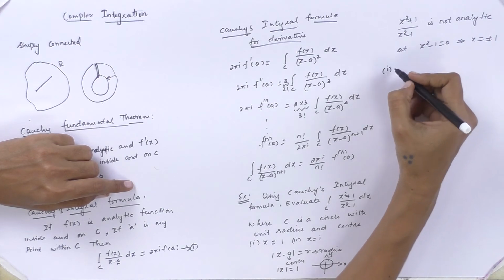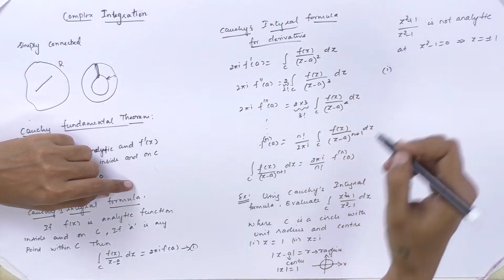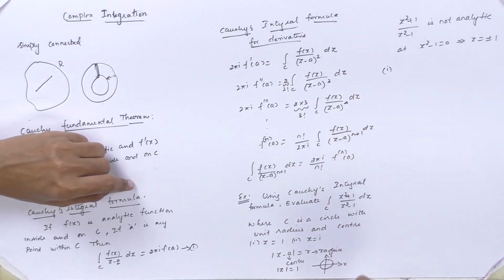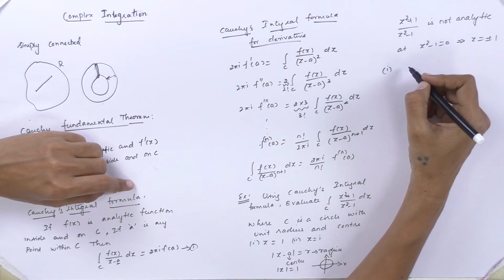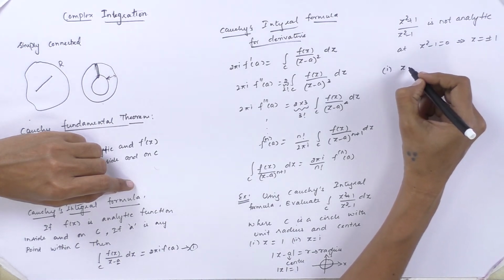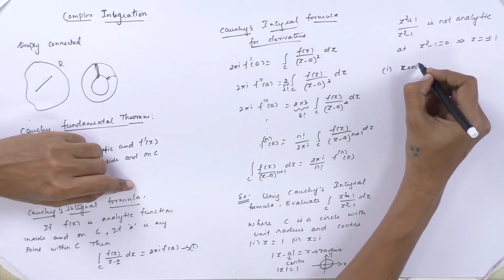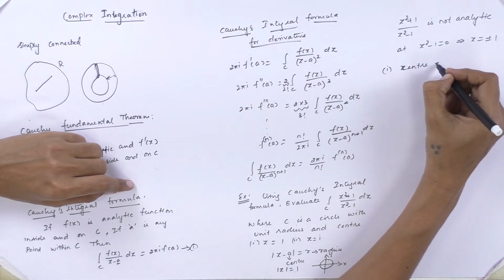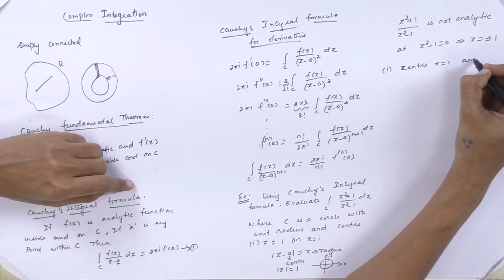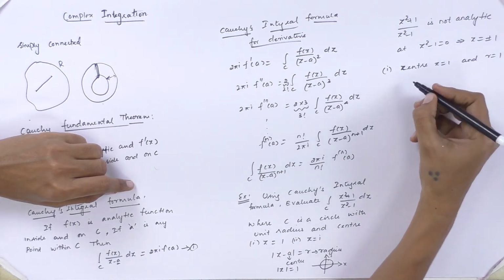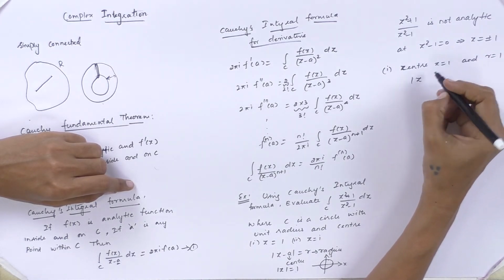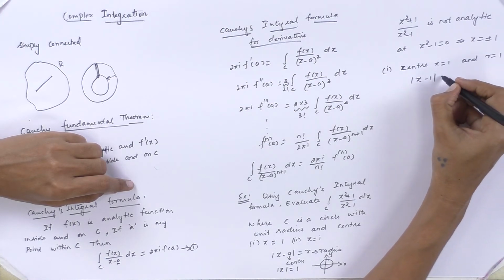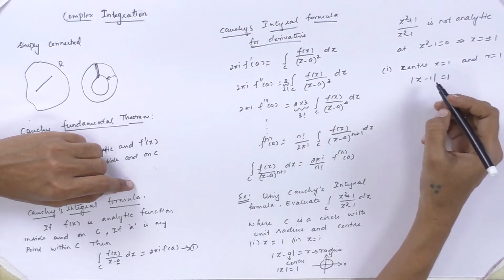In general, but let us check whether the function is analytic inside and on the curve or not. The first option is the center equal to 1 and radius equal to 1, that means the circle of the form modulus of z minus 1 equal to 1.